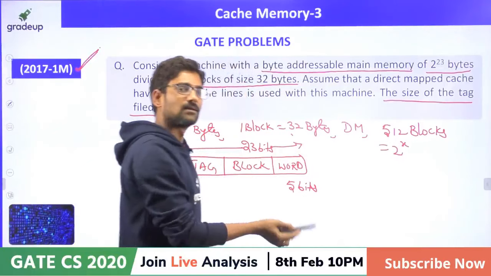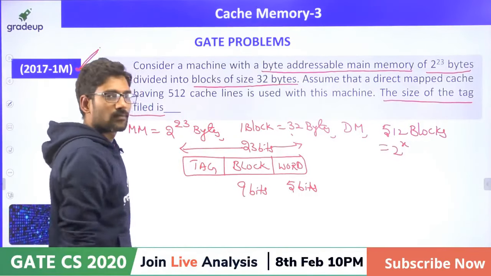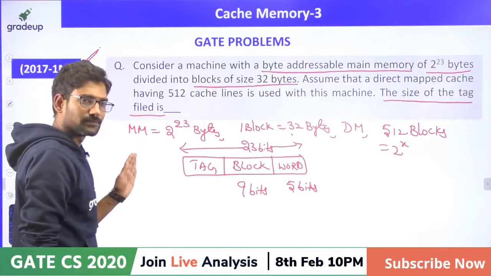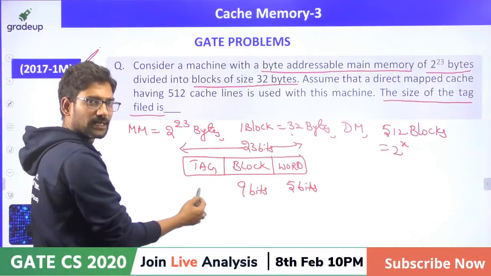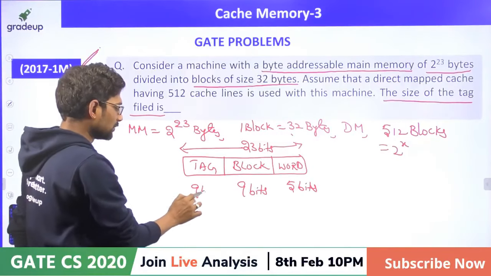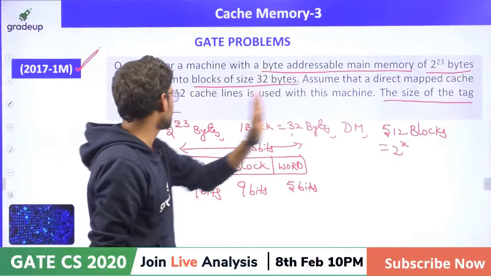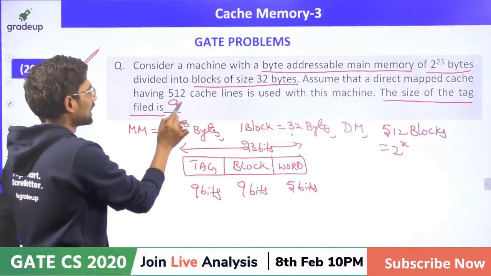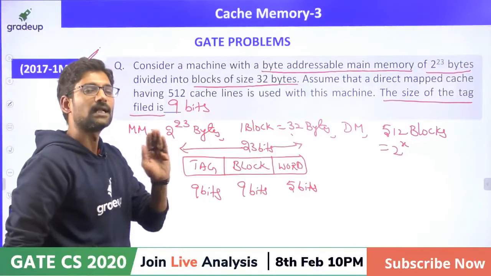What is x? 9 bits. Then how many left for the tag? Out of 23, 14 are gone. How many left for the tag? 9 bits. So what is the size of the tag field? In bits, of course, the answer is 9.